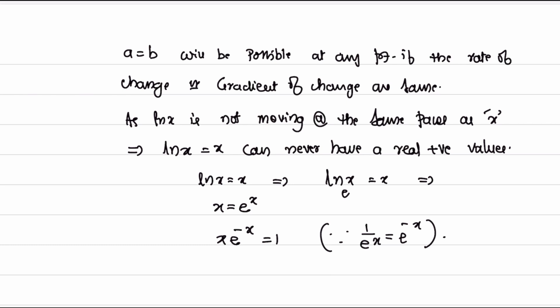Yes, we can say. Now let us put minus values on both the sides. Multiply with minus 1. Minus 1 into x into e to the power of minus x is equal to minus 1 into 1. That implies minus x into e to the power of minus x is equal to minus 1.